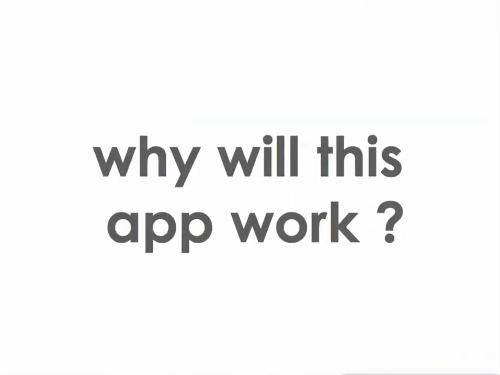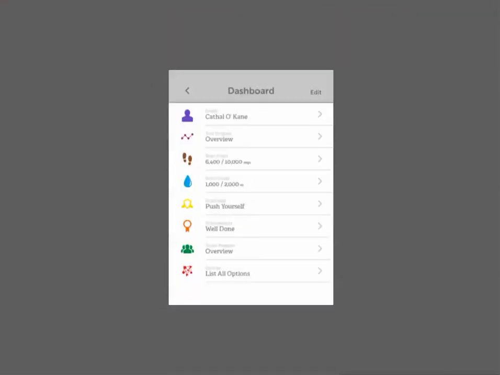So big question is, why will this app work? Glad you asked. Where other apps will be an app and that's fine, because this is set up in a dashboard way, it's customizable for the user, so the user can design their own custom dashboard to their specific needs.